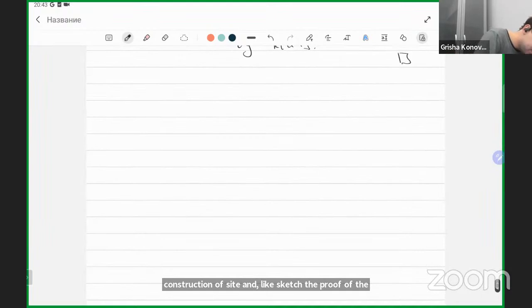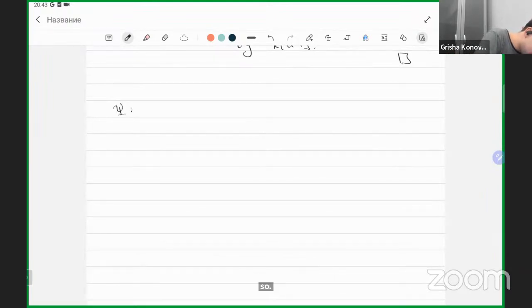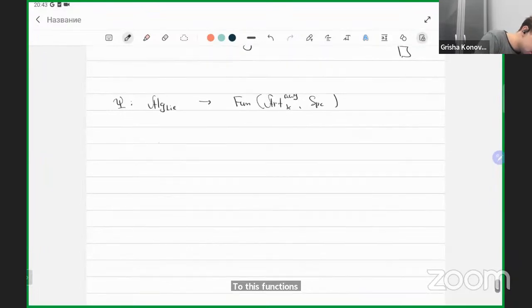So now psi from Lie algebras to these functors.